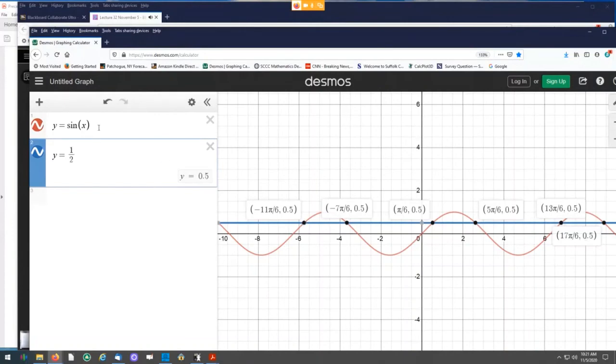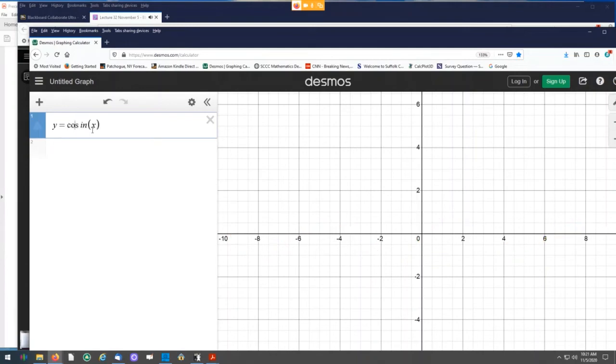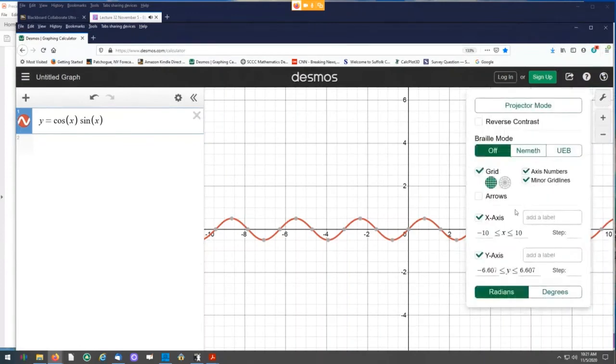Now let's take a look at this other one. So let's do y equal to, let's get rid of this guy here, cosine of x times the sine of x. Okay, so that's when these are 0. But I'm restricted to just stay from 0 to 2 pi.